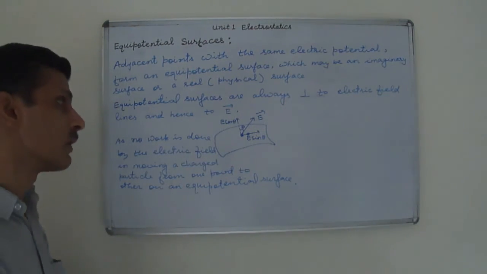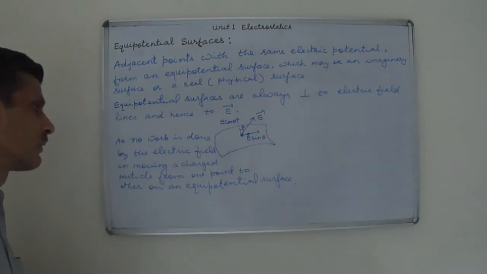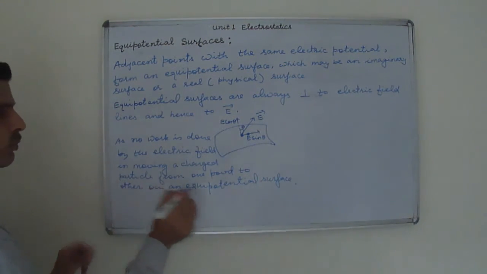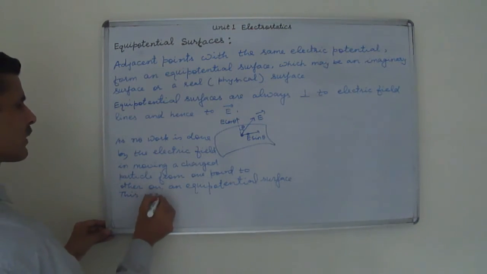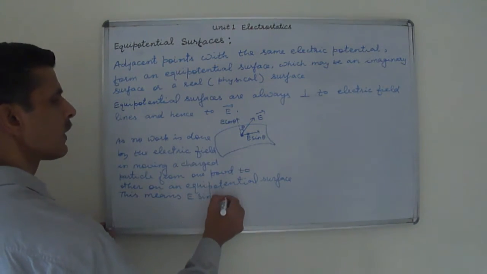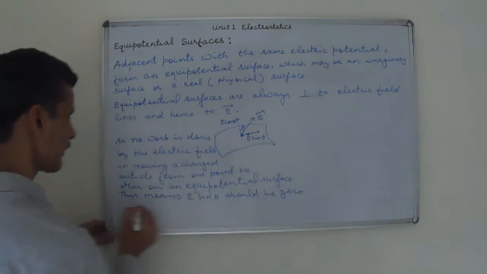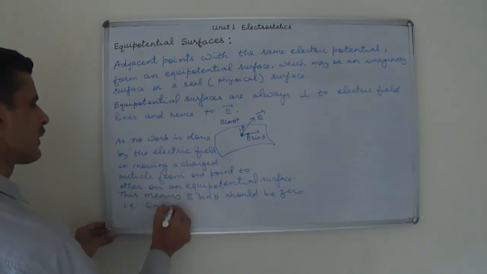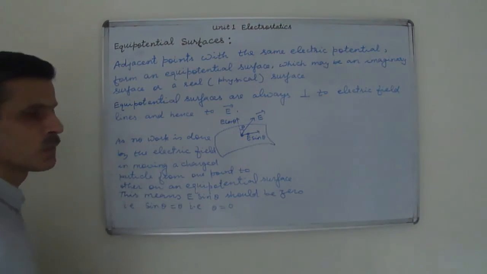But we know work done by electric field in moving a charged particle from one point to other on an equipotential surface is 0. This means E sin theta should be 0. That is sin theta should be 0, that is theta is equal to 0.